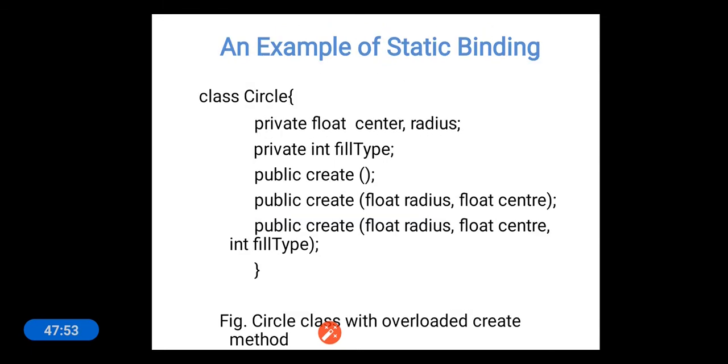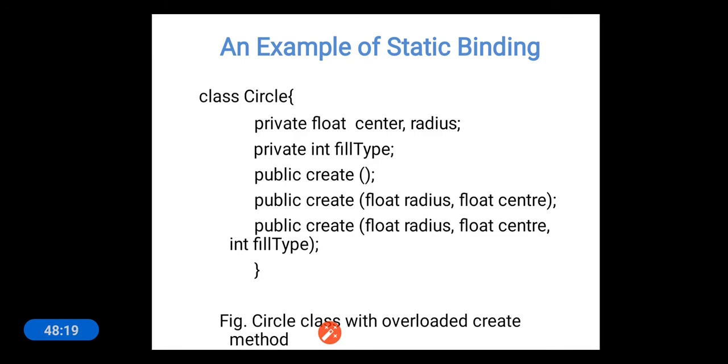But whereas in static binding, depending on, suppose I had taken any object like abc dot create, and I had not given any parameters, then this create method will be executed.